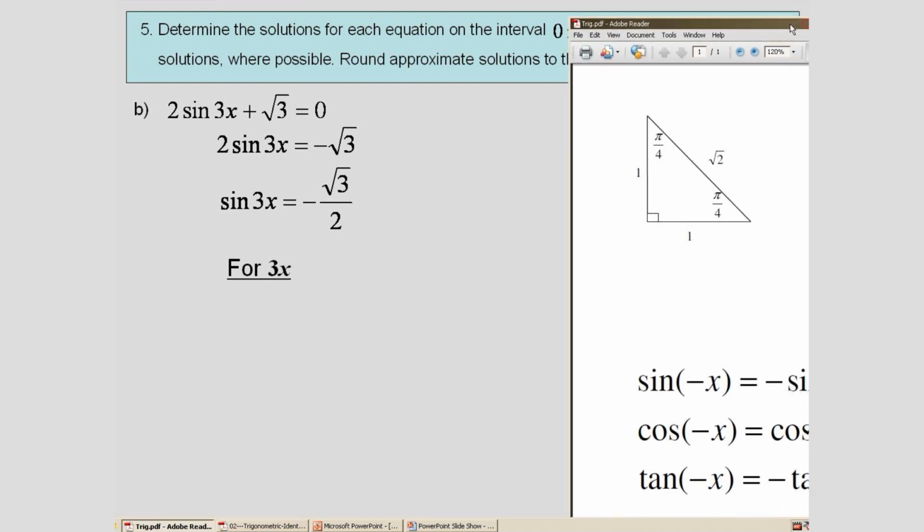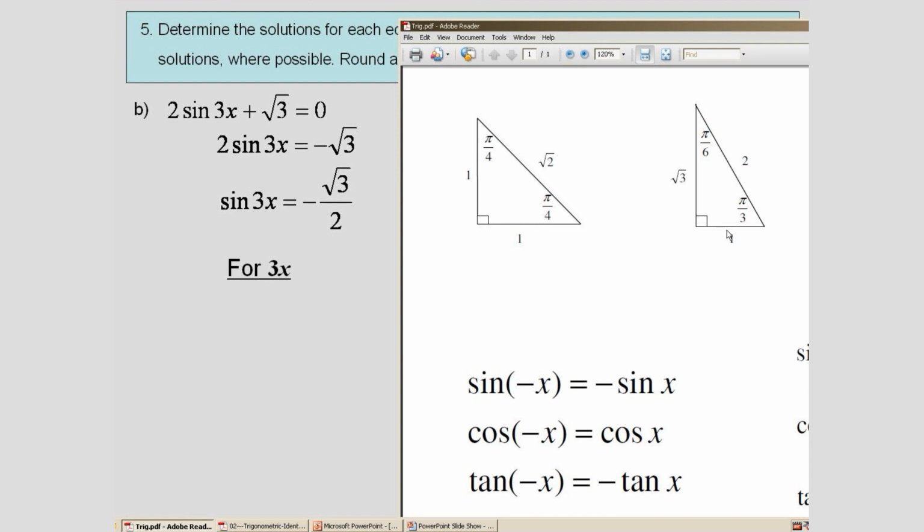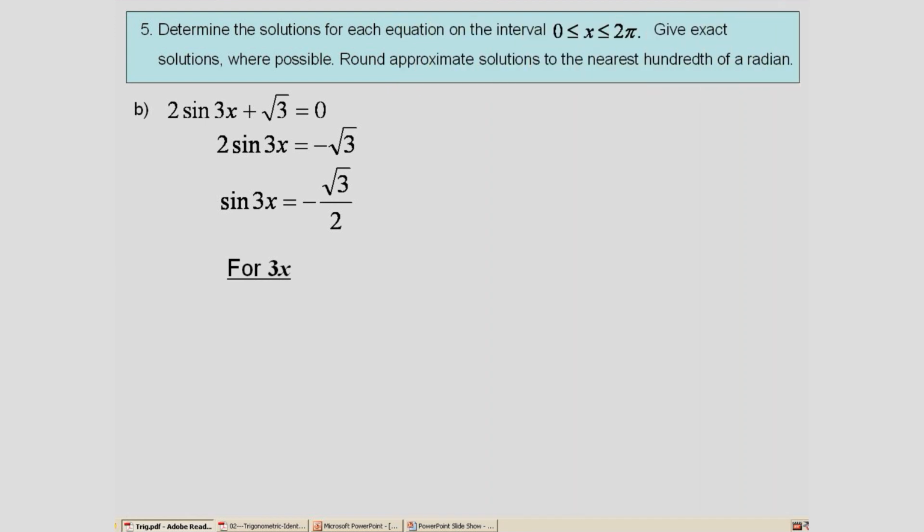Let me just bring that up for you here. Root 3 is there and 2 is there, and we're taking the sine. So opposite over hypotenuse would mean that we had to have been using an angle of pi over 3. So our related acute angle is pi over 3 from the special triangles.